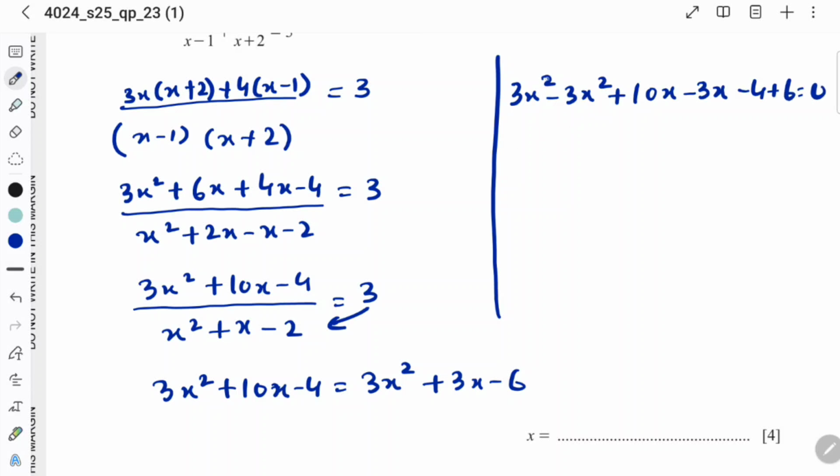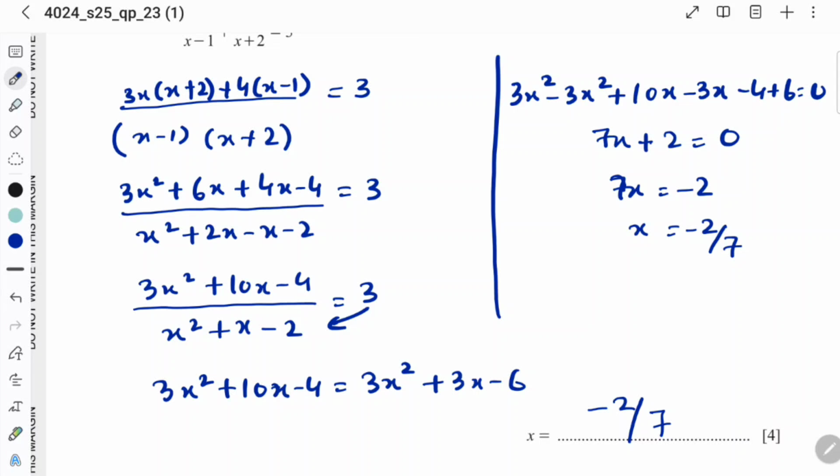Okay, everything at one side. 3x square becomes 0. 10x minus 3x will become 7x plus 2 equals to 0. 7x equals to minus 2, x equals to minus 2 over 7. Can't represent it as a mixed number because the denominator 7 is bigger.